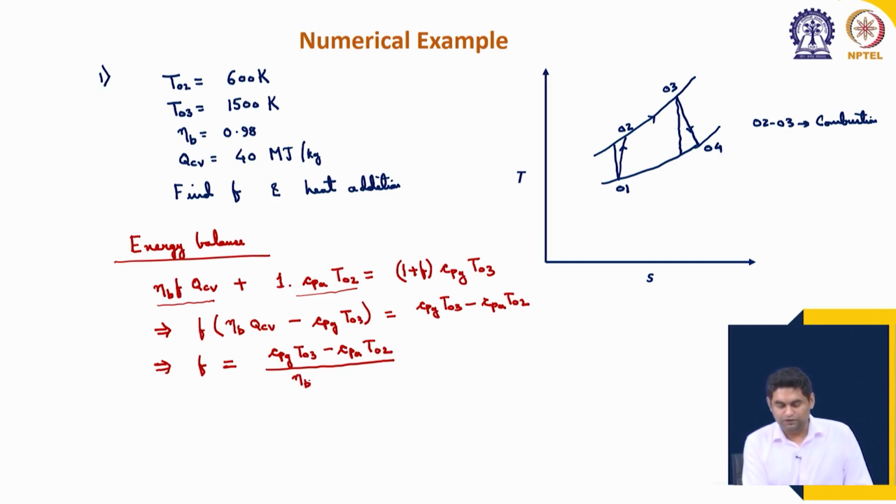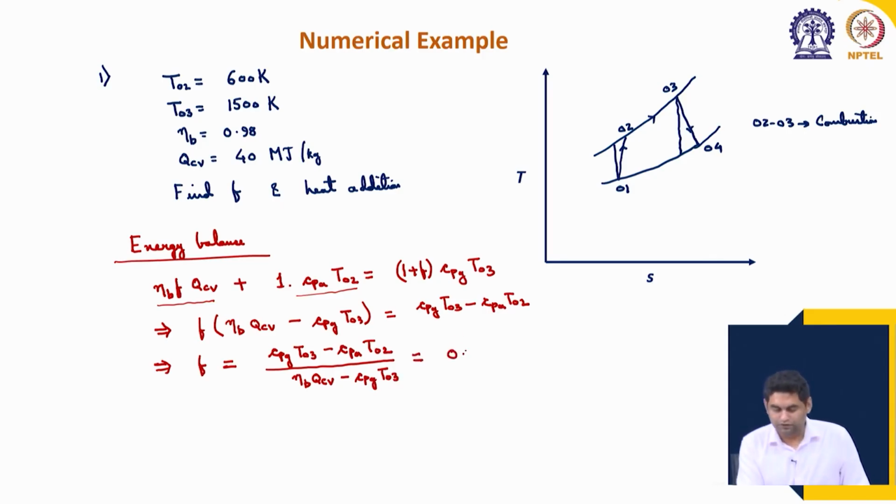Combustion efficiency is also a design parameter, depending on how the combustion happens, which is considered a known quantity at this level. The calorific value of the fuel also is a known quantity. So, everything is known here.